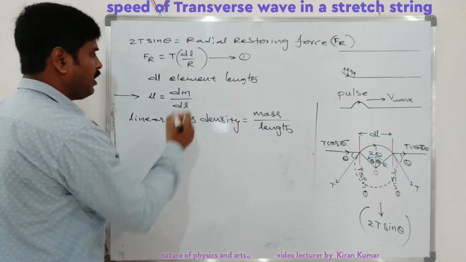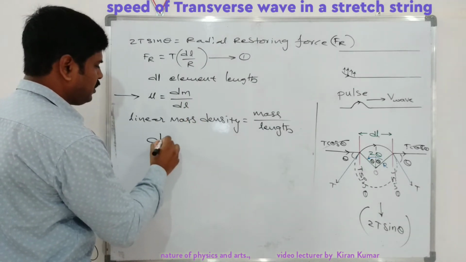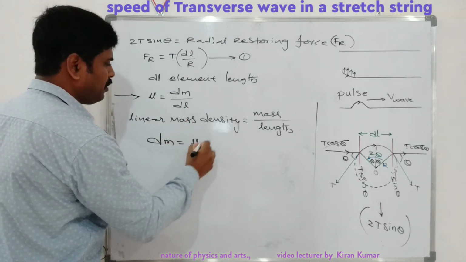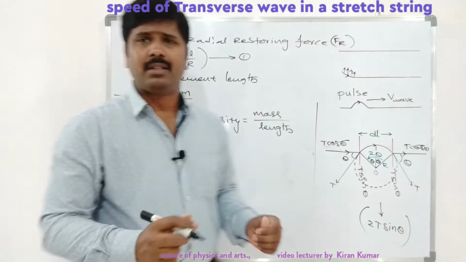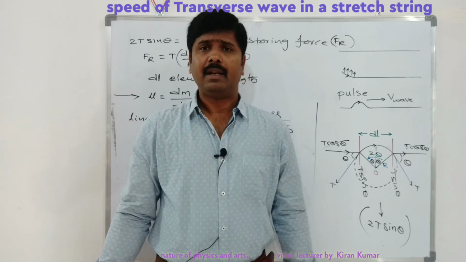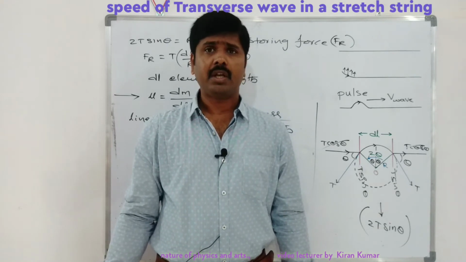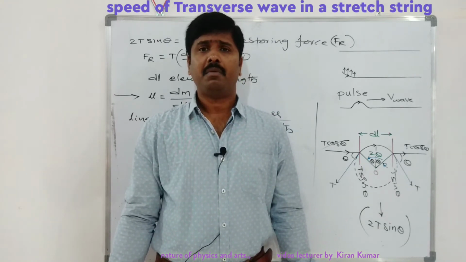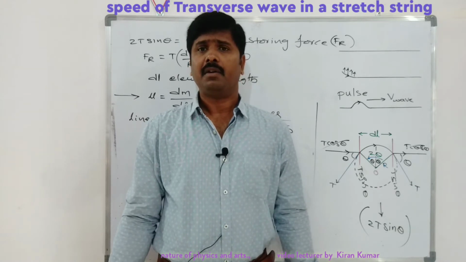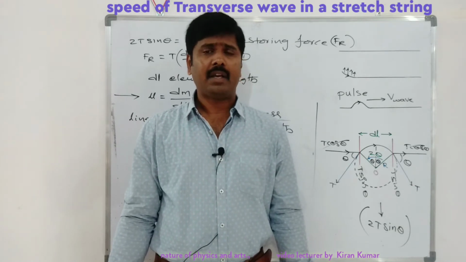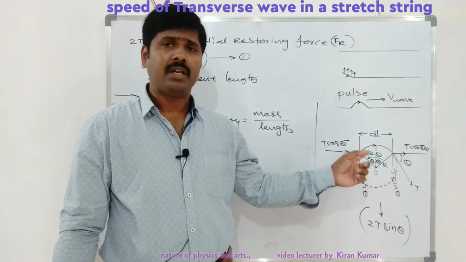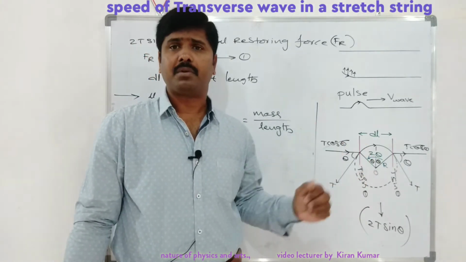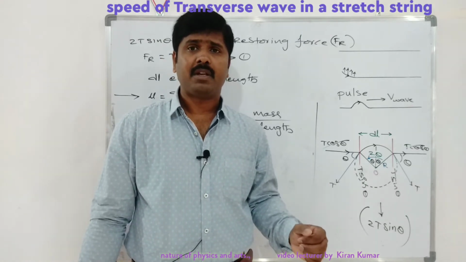Okay, see, from this equation we can write dm is equal to mu into dl, and this is the element length on the stretched string, which is moving with a velocity v along an arc in a circle. This is the arc, this is the circle. So it has a centripetal force.